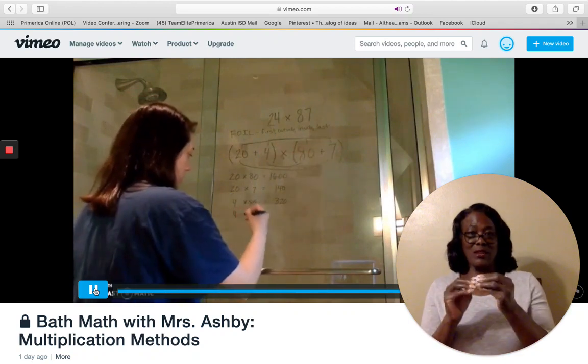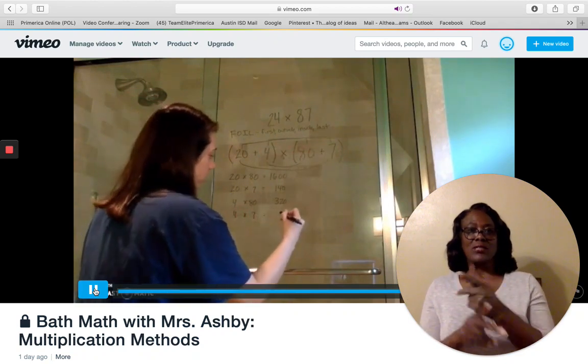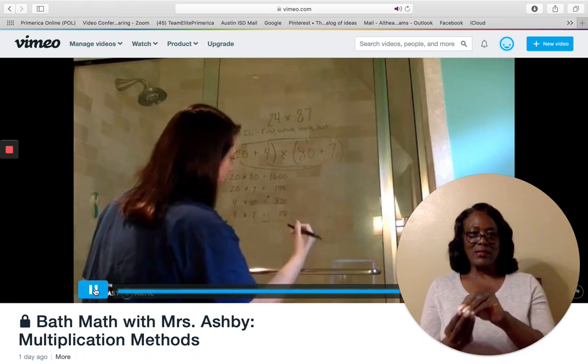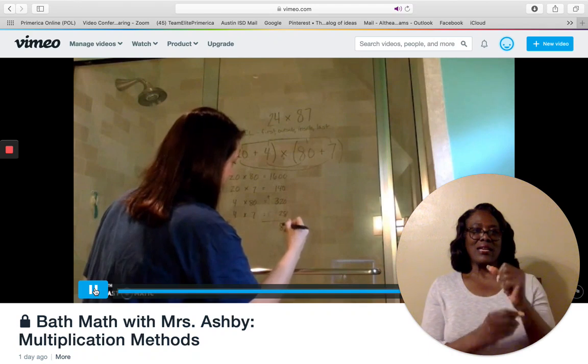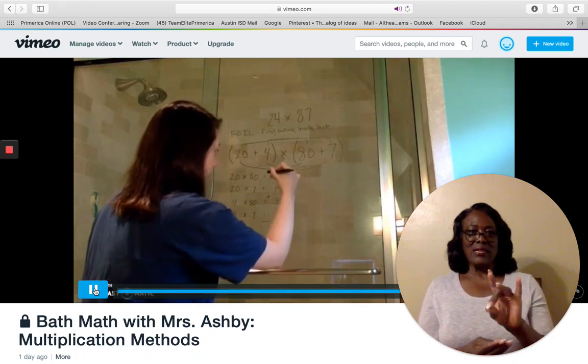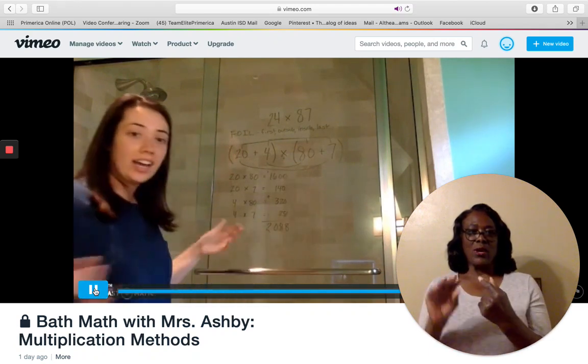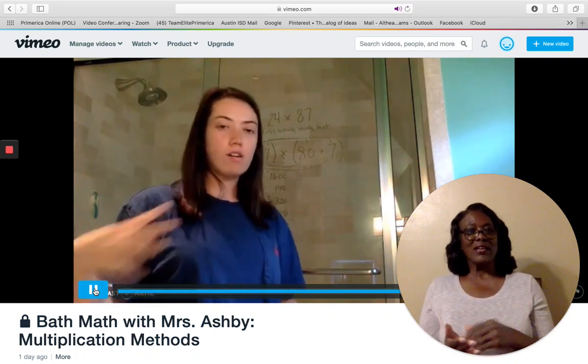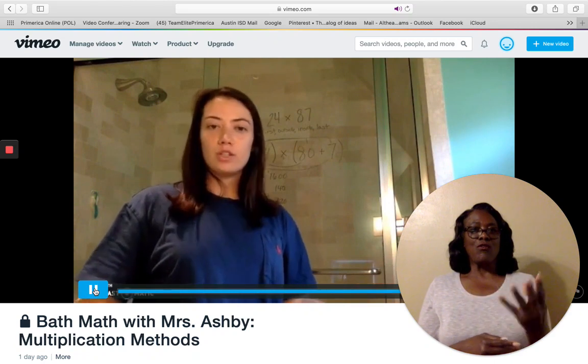So I've got 4 times 7, which is 28. I'm going to add all these guys up again. I get an 8, 10, carry that 1, 2, and I get 2088 again. So we are 4 for 4 with all 4 methods for solving 2 by 2 multiplication.